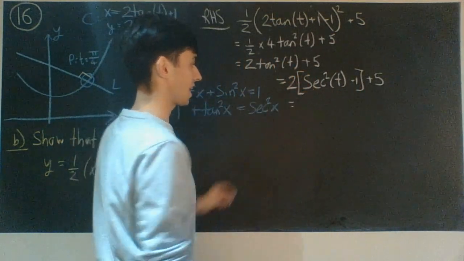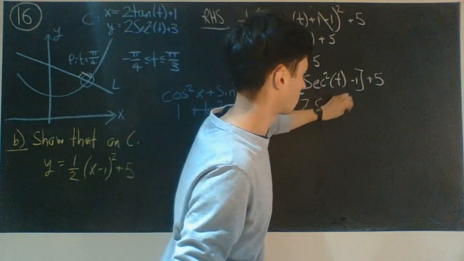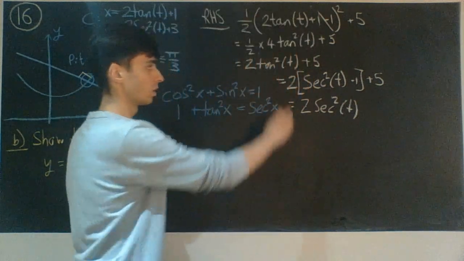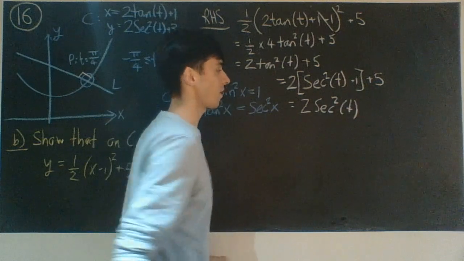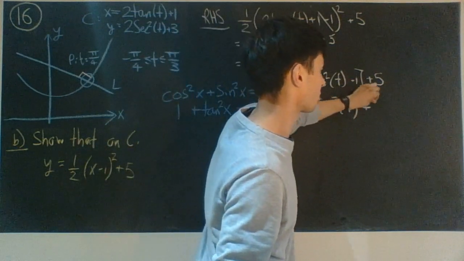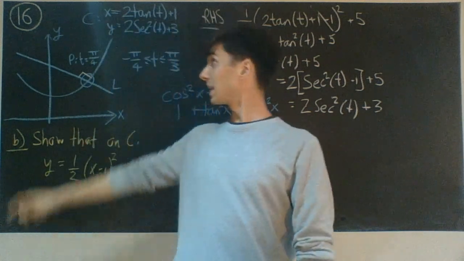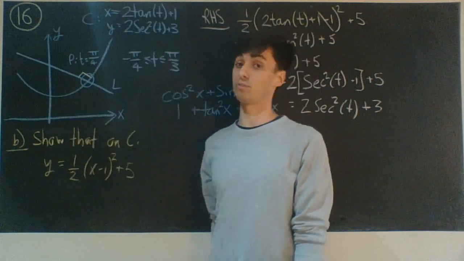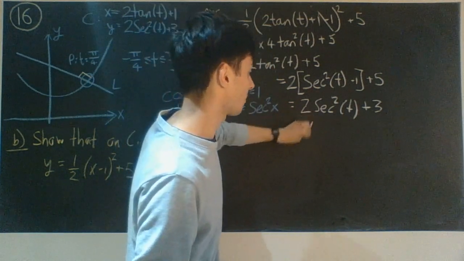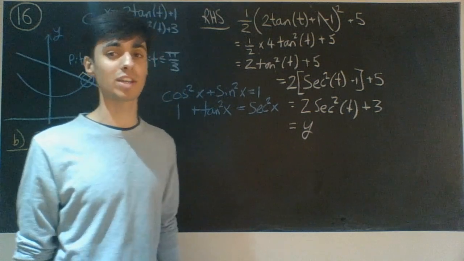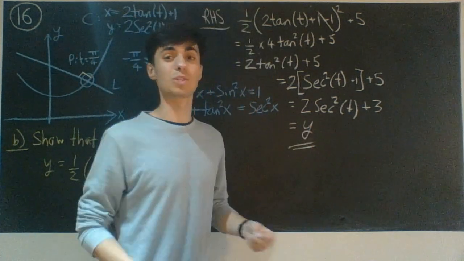We've got 2 sec squared t, 2 times minus 1 would give us minus 2, and then plus 5 would give us plus 3 overall. And 2 sec squared t plus 3 is exactly what we had earlier for y. So we've shown at this point that's equal to y, which was our left-hand side. We've shown that these things are equal to each other. And we're done on part B.